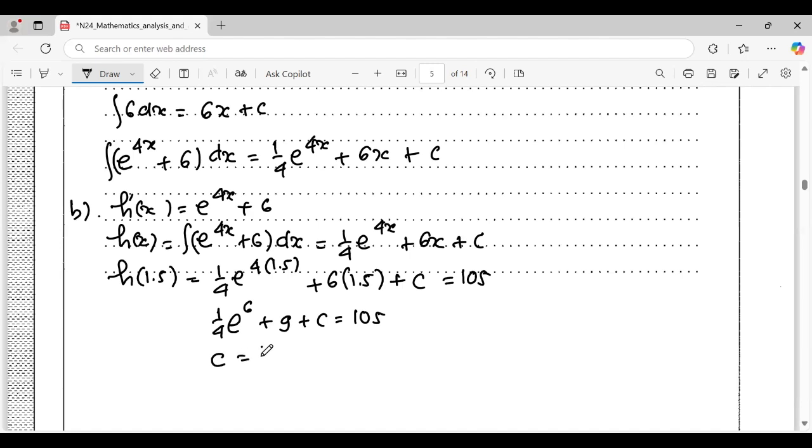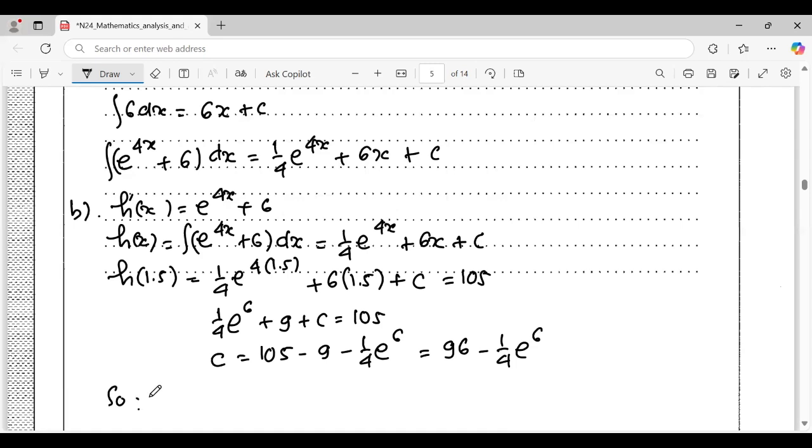So c equals 105 minus 9 minus 1/4 e power 6, which is 96 minus 1/4 e power 6.